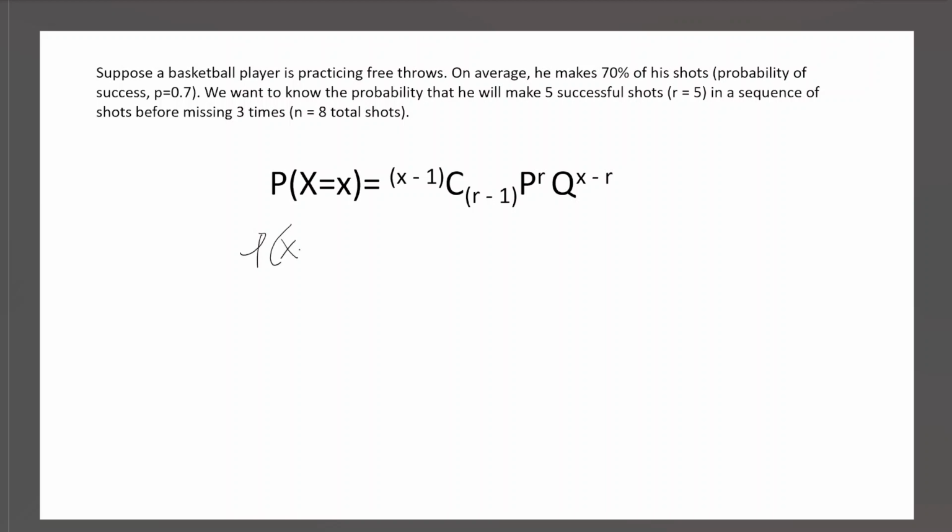Probability of x equal to 8 is equal to 8 minus 1 C 5 minus 1, into 0.7 whole power 5 and 0.3 whole power x minus r, which is 3.